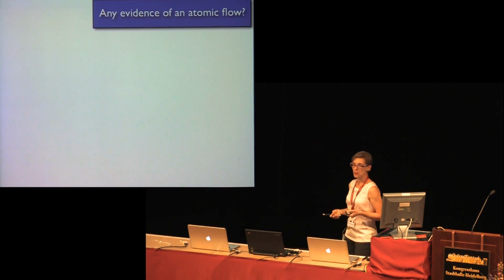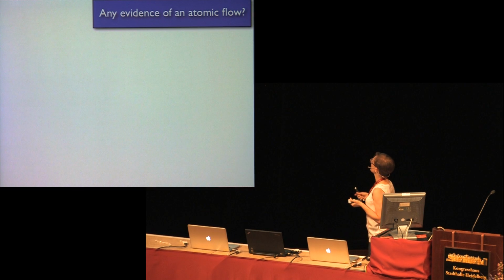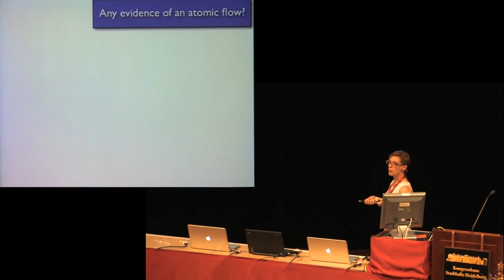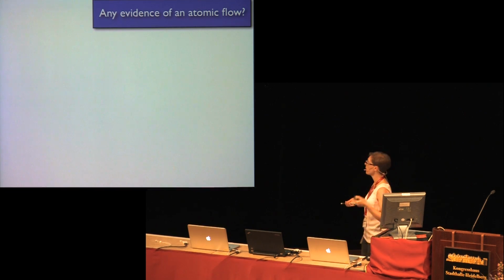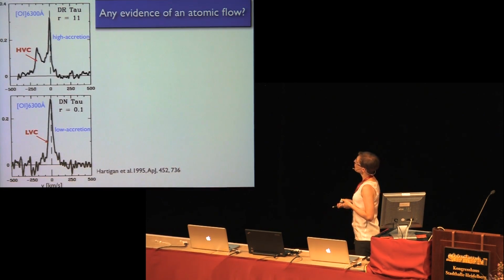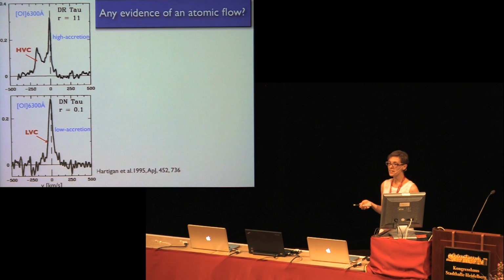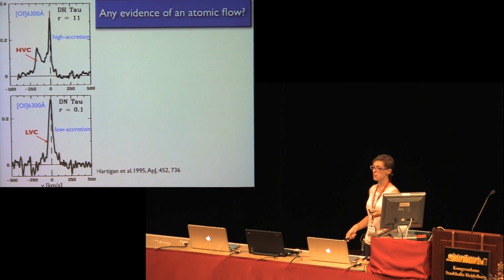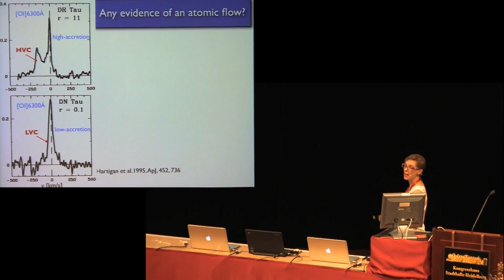So to address this problem, we thought that the way to do it is to try to see if there is any evidence of an atomic flow, which can only be produced by X-rays or FUV. So we went back to some old data, which I'm sure many of you are familiar with. This is the work of Hartigan and collaborators in 1995.